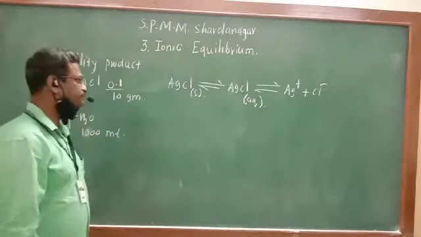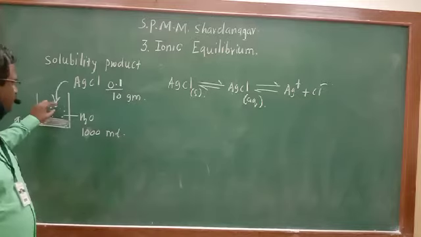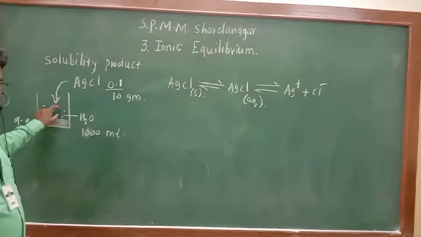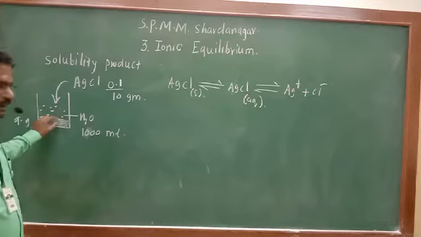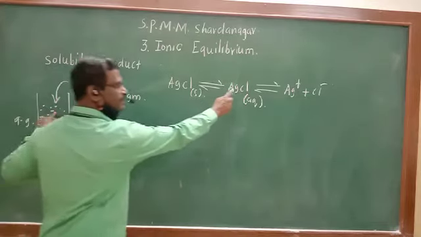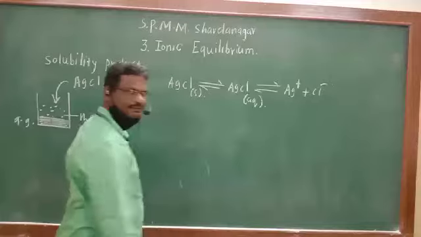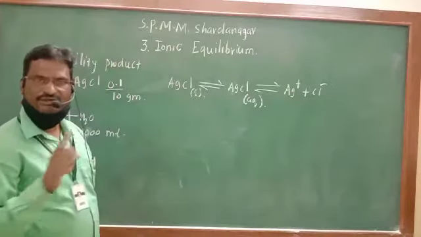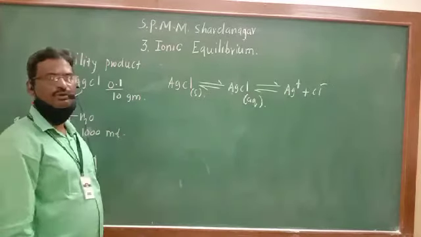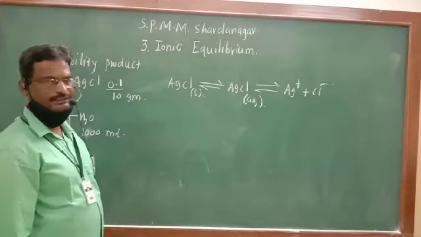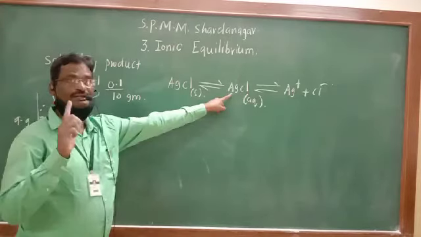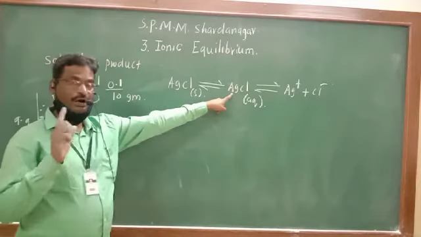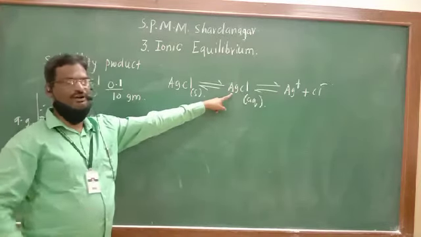Now see what happened. This liquid AgCl is in equilibrium with the solid AgCl, and liquid AgCl is in equilibrium with the ions, because AgCl is a salt and that salt undergoes complete dissociation. See, this is always constant. How it comes to be constant, that is the important part over here.